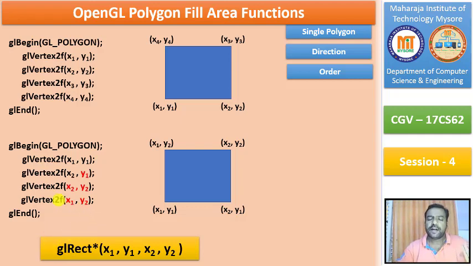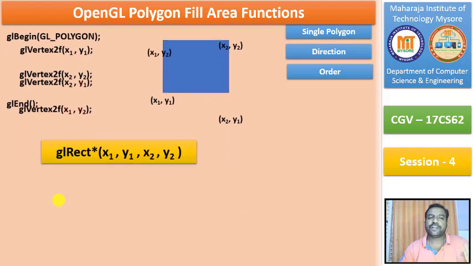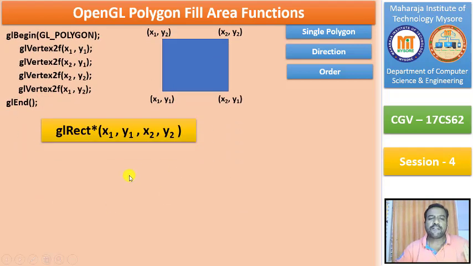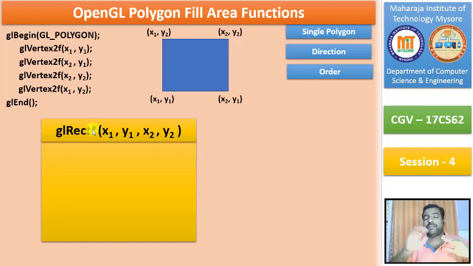Is it fine? Hence, now using this function, I am just going to have x1, y1, x2, y2. Right now this star is not the function name. If you remember, when we were discussing glVertex, we had something called glVertex star.